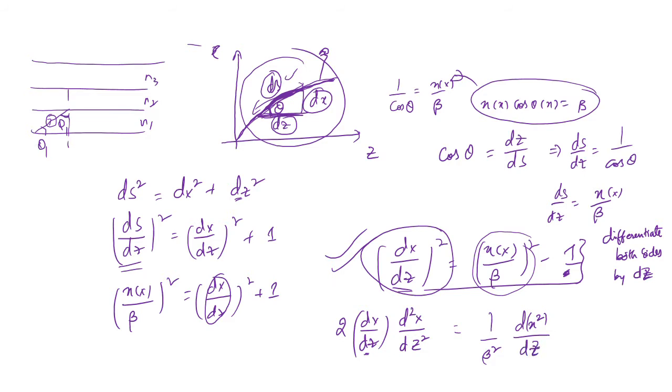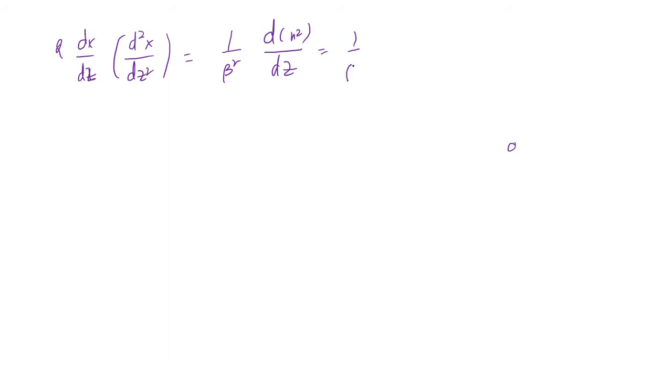I will write this exact same equation on the next slide, and we'll do some more manipulations on that. So we have 2 times dx by dz times d square x by dz square is equal to 1 over beta square d of n square by dz. This is what we had on the last slide. I'm going to write this as 1 over beta square d of n square by dx times dx by dz.